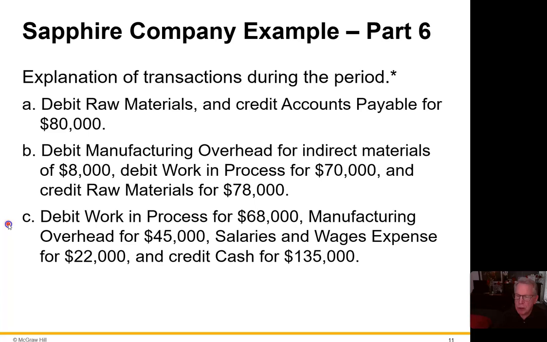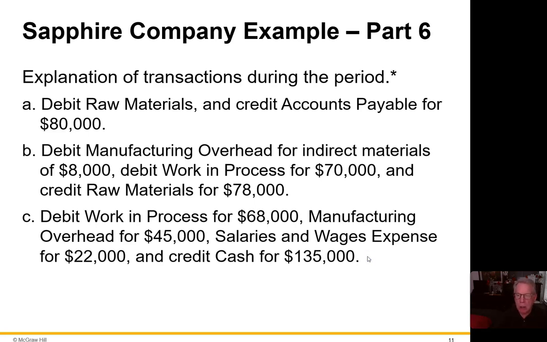All right, so then for Charlie, we had a debit to work in process for $68,000. That then includes our manufacturing overhead for $45,000, the salaries and wages expense for $22,000, and we also credited cash for $135,000.